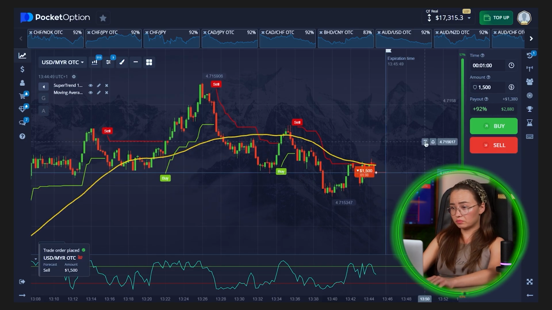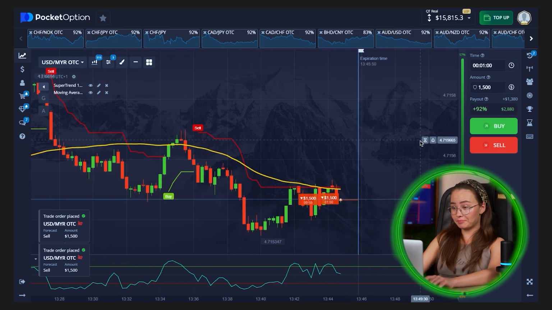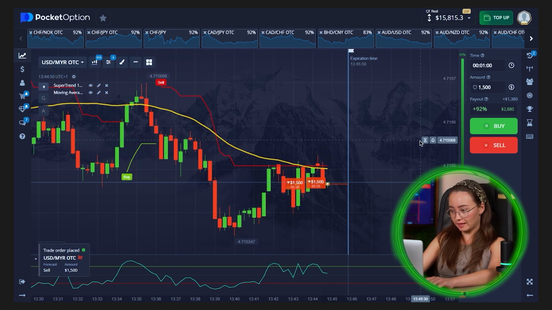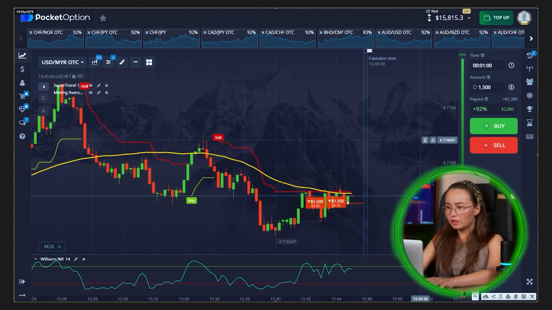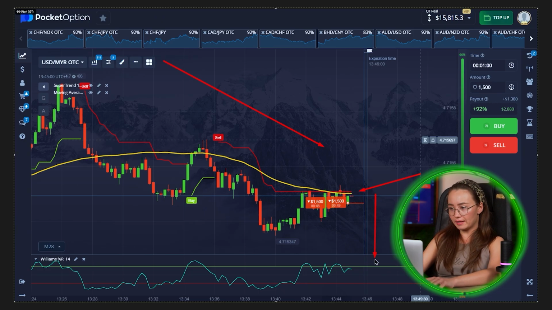Here we go. A great opportunity to make a comeback. I opened 2 short trades. And yeah, because we have a downtrend and the MA is close to the price. Williams R has been in the oversold zone for a while, waiting for a drop.